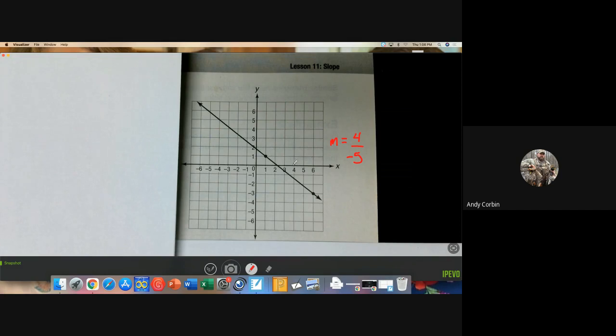Is it all right that I got -4 over 5? Yep. Remember, in division, if the signs are different, then your answer is negative. So it doesn't matter if the negative goes with the 4 or with the 5. And if you started over here, the negative would be with the 4, because you would rise down.